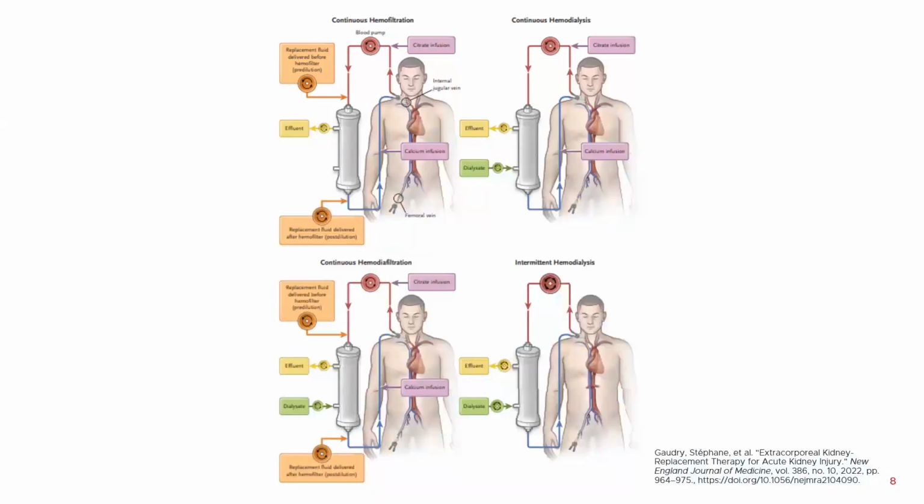To really break down how these different modalities of CRT work, I have a diagram of the different modalities of CRT in addition to intermittent hemodialysis. On the top left corner of the screen, it has continuous hemofiltration, or the CVVH, that is primarily used at UW. So the blood is coming outside of the patient and then through the membrane and goes back into the venous access site.